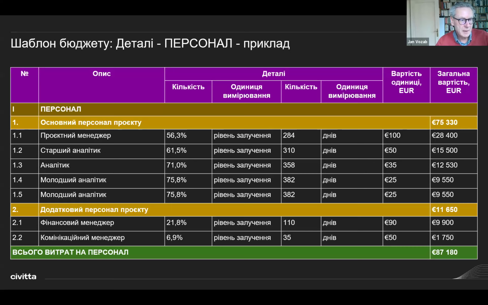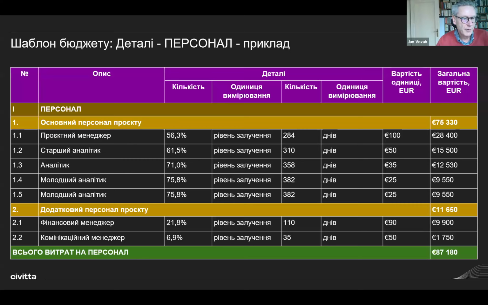So for the project, there was a project manager, 56.3% of his time, which was 284 days altogether during 2 years of the project. And the unit cost per day was 100 euro. So the total cost of the project manager was 28,400 euro.